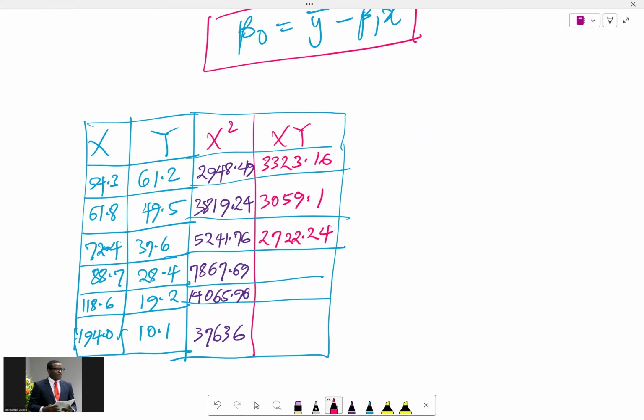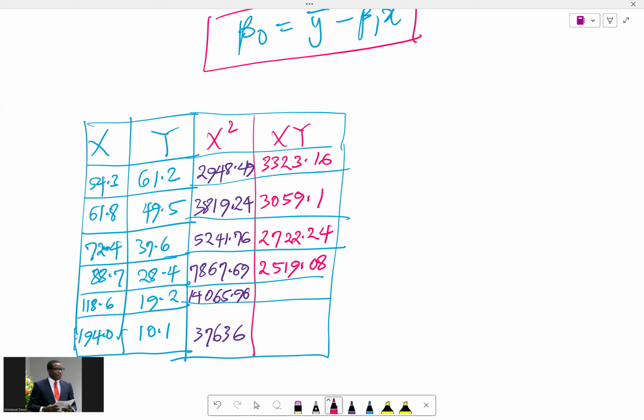And then we have 88.7 times 28.4. I already wrote 38.4, so you have to be very careful. 88.7 times 28.4 is 2519.08. Then we have 118.6 times 19.2.